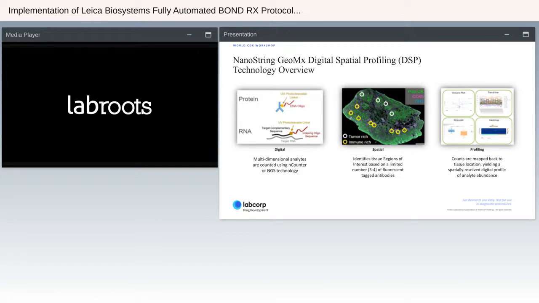And this allows us to have a limited number, up to 4, of fluorescent tagged antibodies or RNA scope probes that'll help guide the scientists to a region of interest that is interesting. And then finally, in the profiling, the counts are mapped back to the tissue location of the ROI selecting. And so there you have yielded a spatially resolved digital profile of the analyte abundance, again, either protein or RNA.